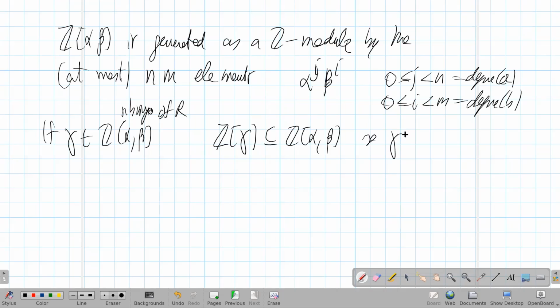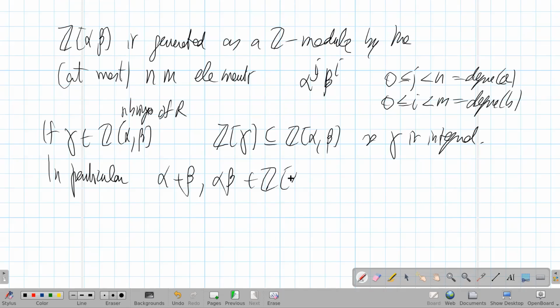So gamma is integral. In particular, alpha plus beta and alpha times beta, which are in Z[alpha, beta], because this object is a subring of R, are integral.